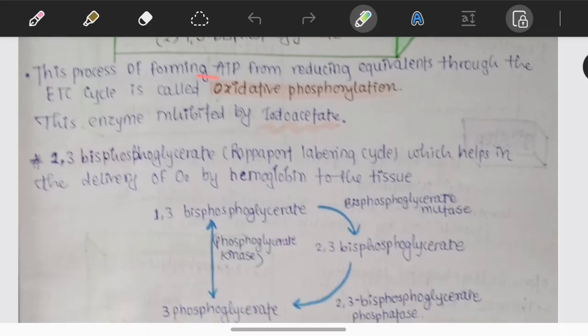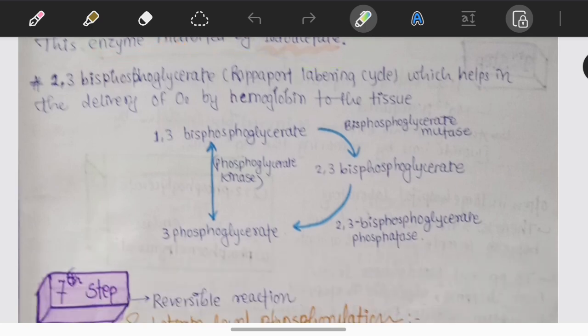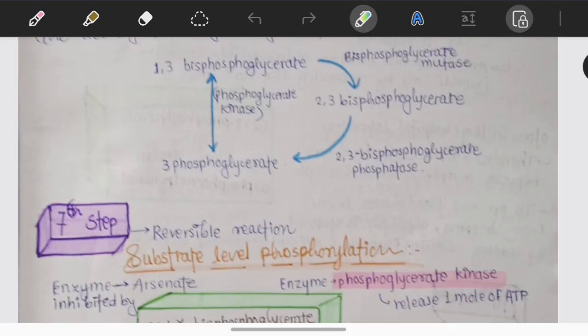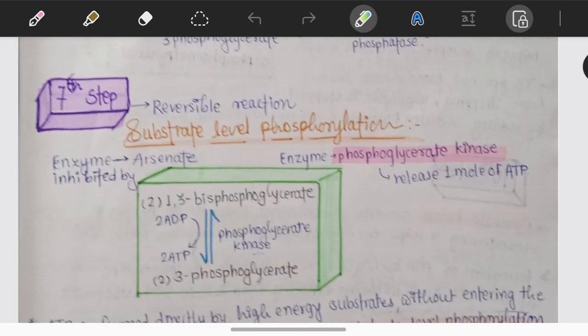This process of forming ATP from reducing equivalents through the ETC is called oxidative phosphorylation. 2,3-bisphosphoglycerate is included in the Rapoport-Luebering cycle, which helps in the delivery of O2 by hemoglobin to the tissue. In the next video, we will see the Rapoport-Luebering cycle.